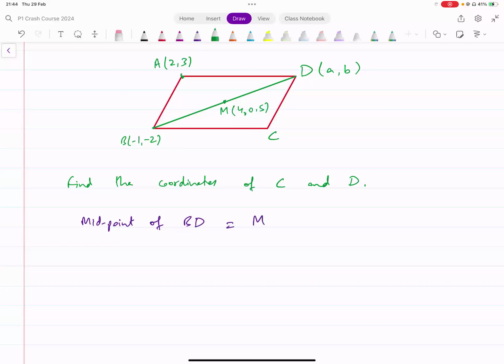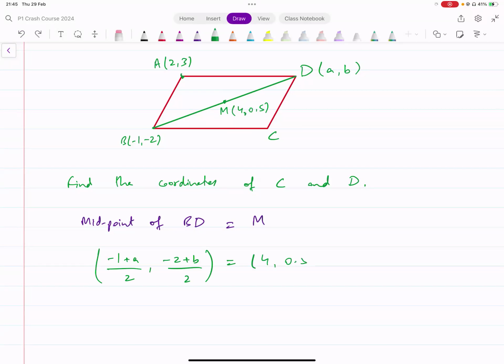How do you find the midpoint of BD? X1 plus X2 over 2, Y1 plus Y2 over 2. So you could say minus 1 plus A divided by 2, and then minus 2 plus B divided by 2. This is how you find the midpoint of BD. That should be the same as M. The point M is (4, 0.5).